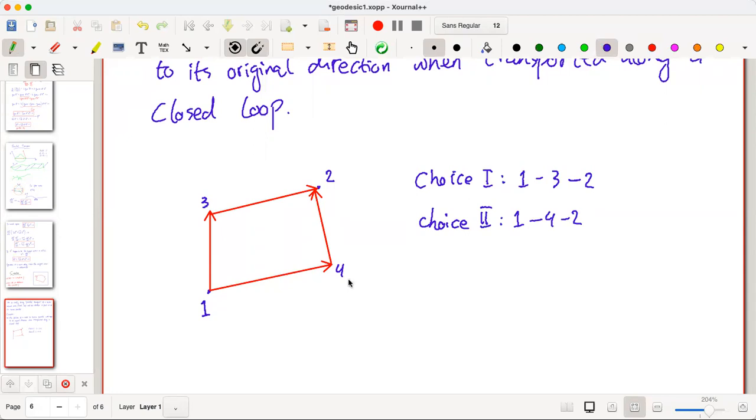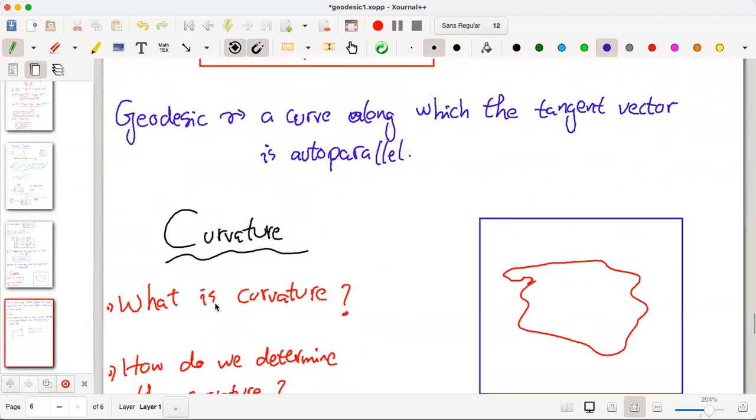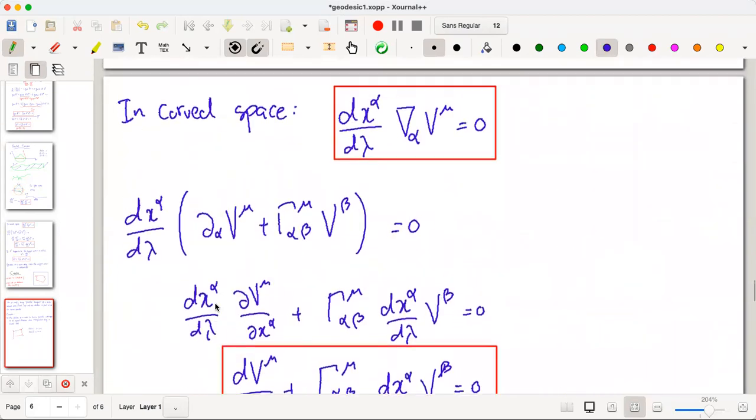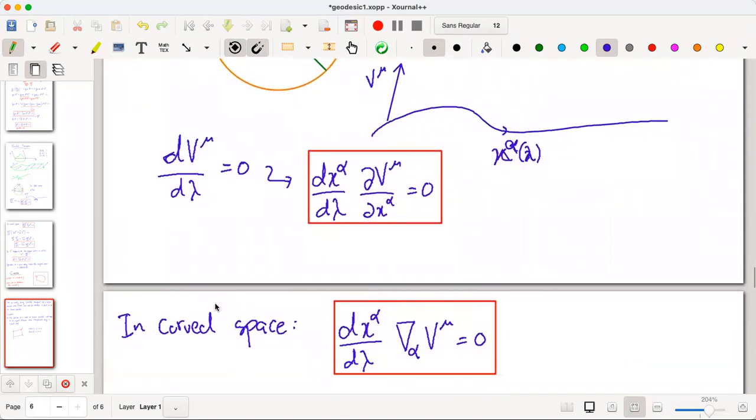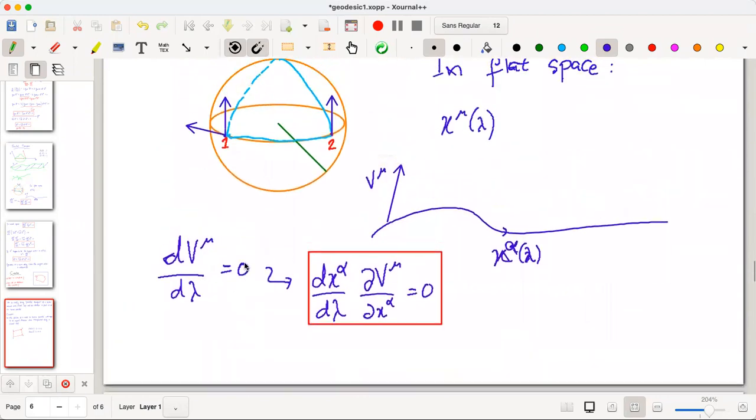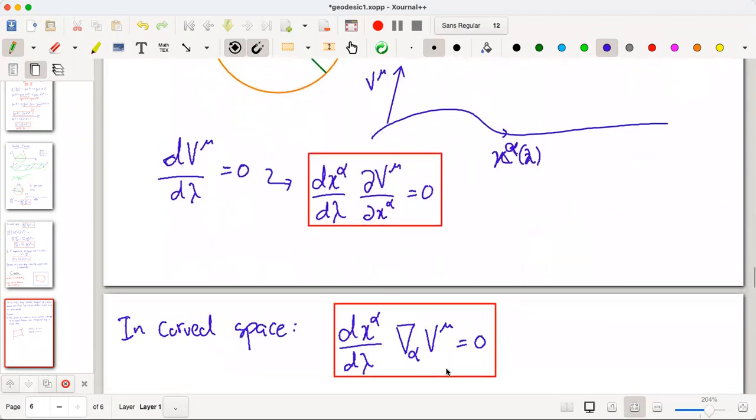But now here's the case. We know that the parallel transport, as we see here, amounts to doing the covariant derivative of the vector.